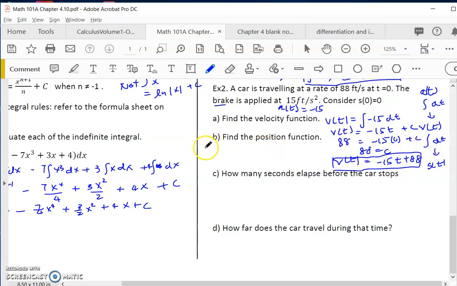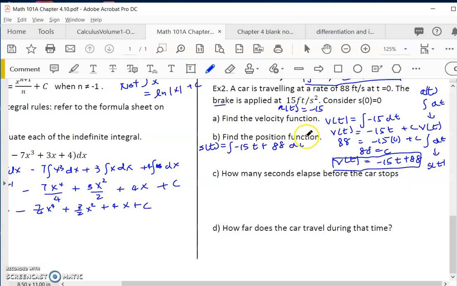What is the position function? That's s of t. How do I get s of t? I integrate v of t. So s of t is equal to position, the integral of v of t dt, so the integral of negative 15t plus 88 dt.